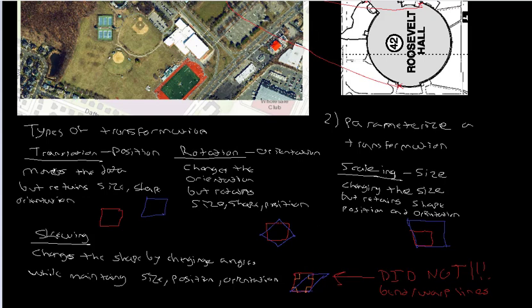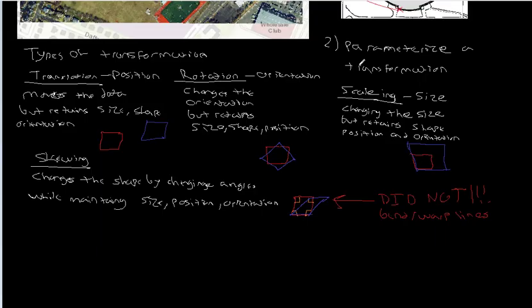So just to show you what I mean, going from this angle to a much shallower angle, that's skewing. Going from this shape to a shape where we have a straight line on the bottom, but then we make the front line all wiggly like that, that is not skewing.